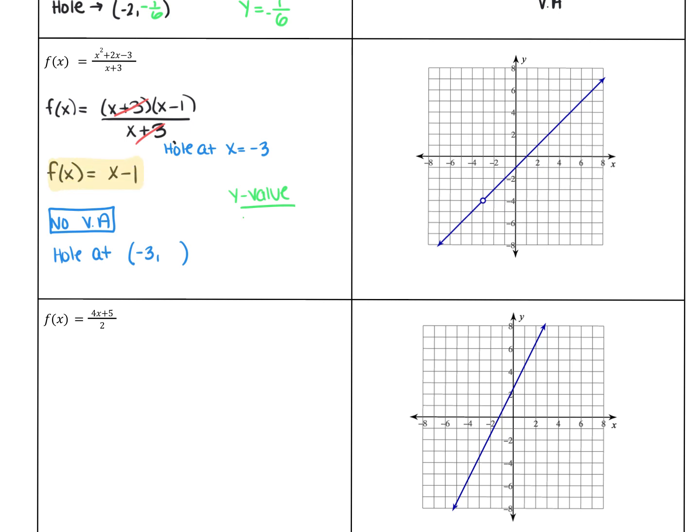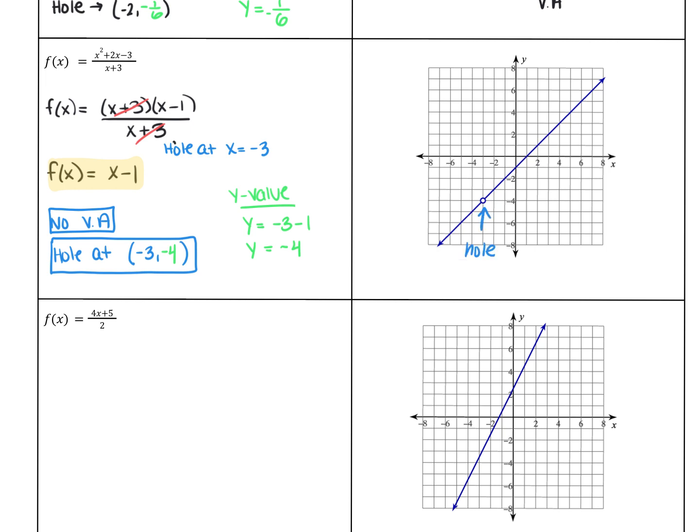So we're going to just say y instead of f of x equals -3 minus 1. So my y value is -4. So -3, -4. So here we go there. That is my hole. And that proves here is my hole.